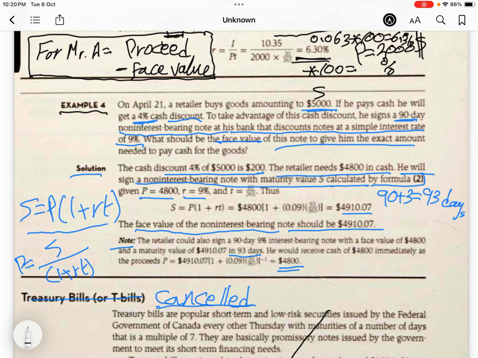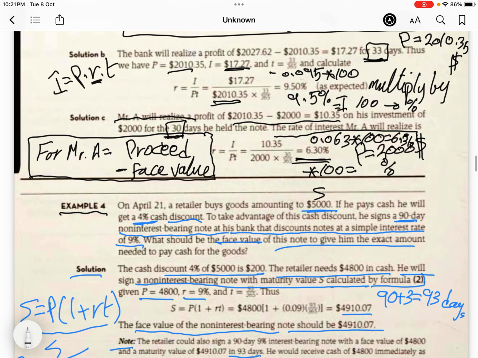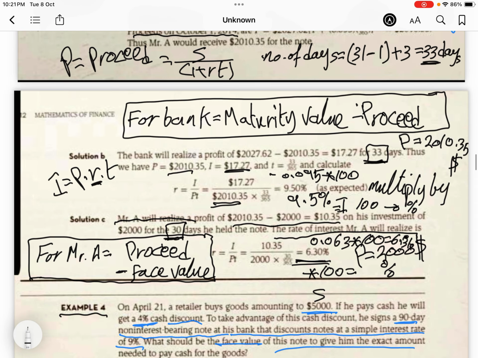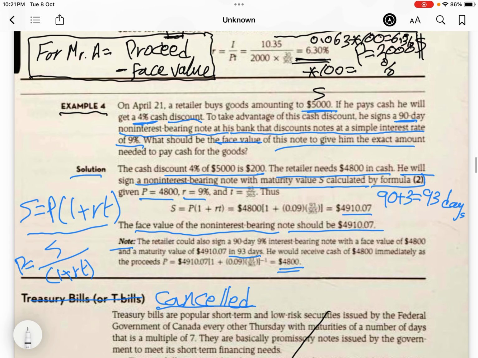Let's see the solution. Cash discount 4% of 5,000, which is 200. The retailer needs 4,800 in cash. He will sign a non-interest bearing note with maturity value calculated by formula 2.